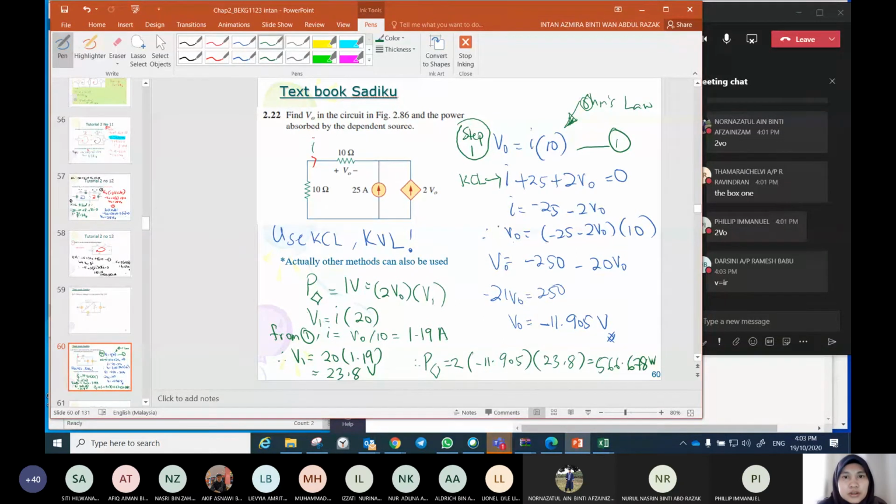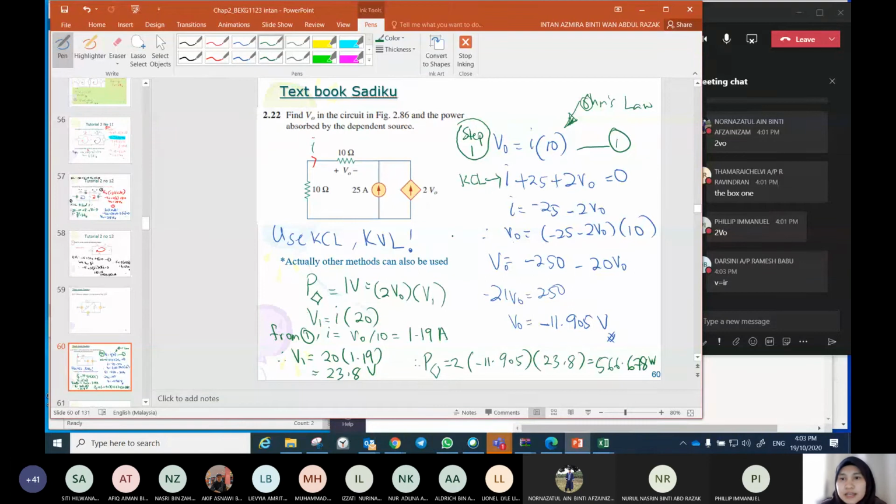That's why, as I mentioned just now, we must focus on the question, and then we can use any method that is suitable: KCL, KVL, Ohm's law. Next week and so on, we will learn about voltage divider rule, current divider rule, Y-delta transformation, nodal analysis, mesh analysis.